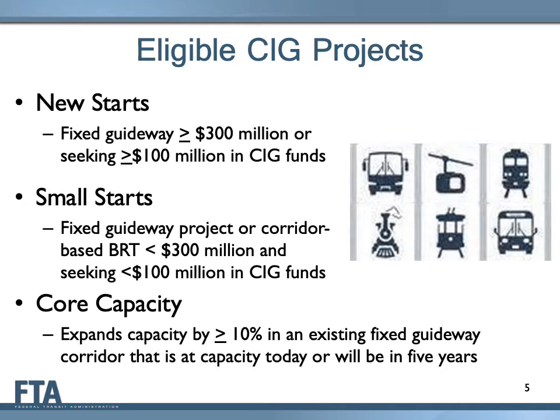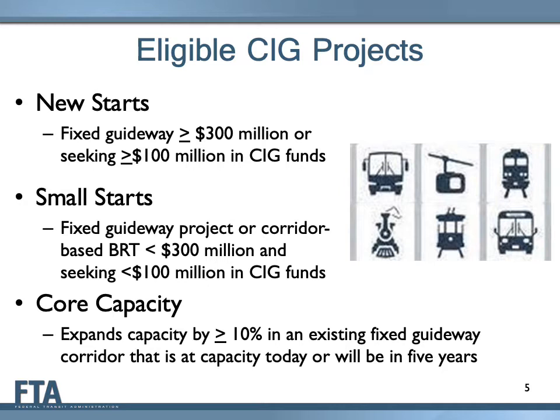Small Starts projects are new fixed guideway projects, extensions to existing fixed guideway systems, or corridor-based bus rapid transit projects. Small Starts projects have a total estimated capital cost of $300 million or less and are seeking less than $100 million in CIG program funds.